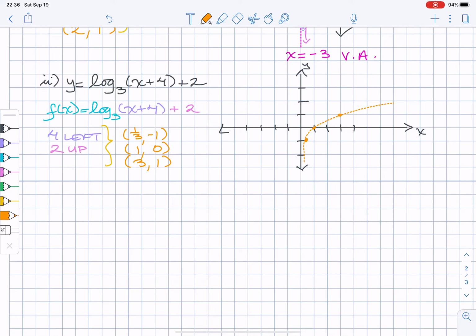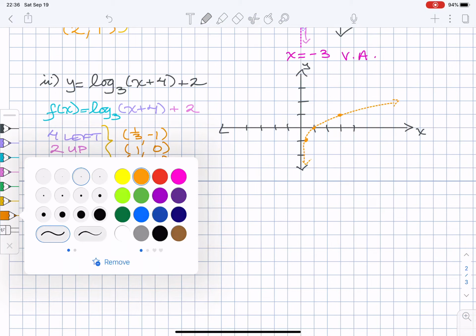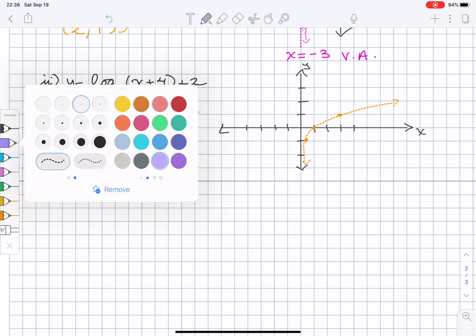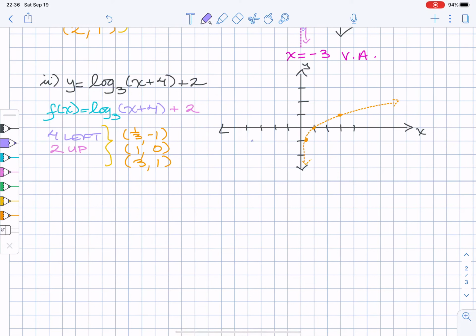But each of these is going to be shifted left 4, and then up 2. Okay, so that's my f of x finally.